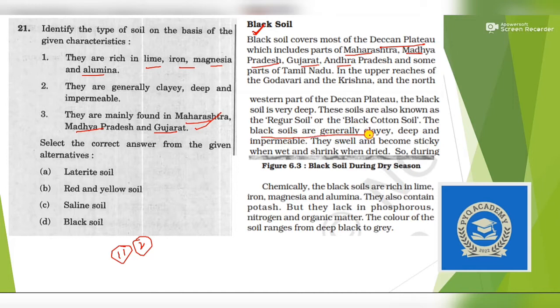Black soils are generally clay, deep, impermeable, exactly the same. And the next, chemically black soils are rich in lime, iron, magnesium, alumina. So this is also correct. All the three statements are related to black soil, so the answer is option D.